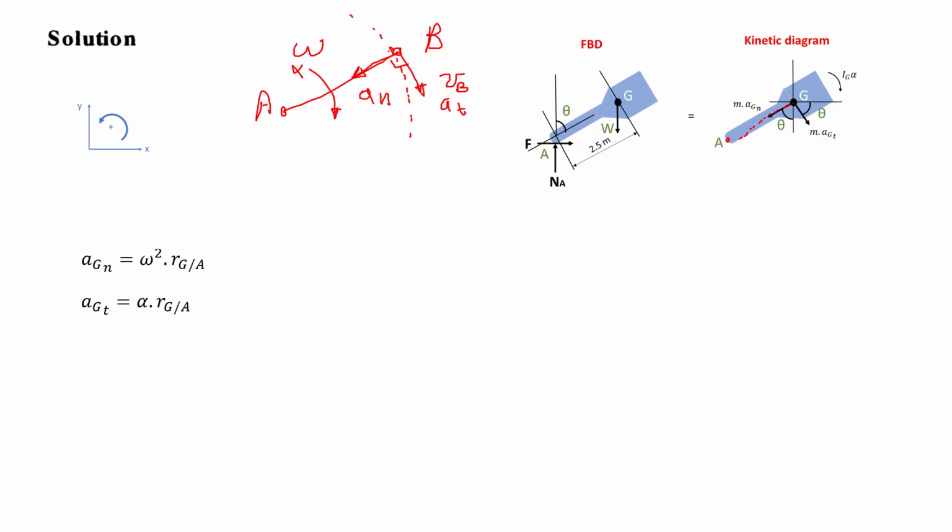Remember that we don't know the value of the omega or the alpha. So we can simply substitute the value for the r G slash A, which is 2.5 meters, and the equation will be written as the omega squared multiplied by 2.5, which makes it 2.5 omega squared meters per second squared. And the same thing for the tangential, 2.5 alpha.